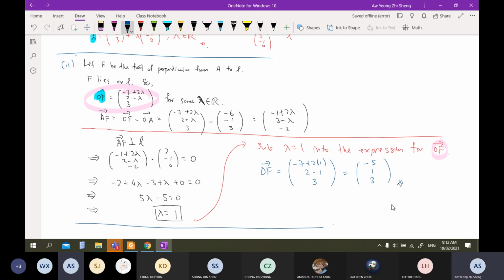Okay, and done. They are asking for position vector, so our answer can be left in vector form. And we have already introduced F as the foot of perpendicular, so OF will be understood as the position vector of the foot of perpendicular.